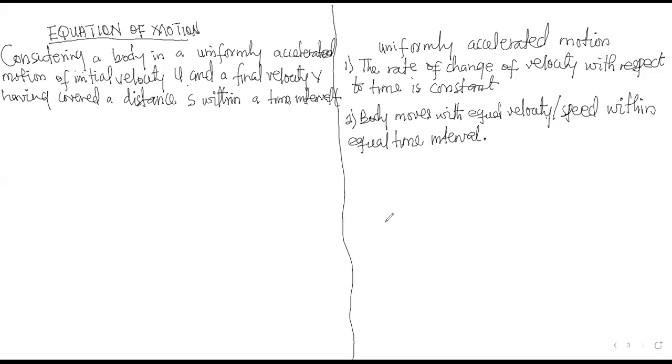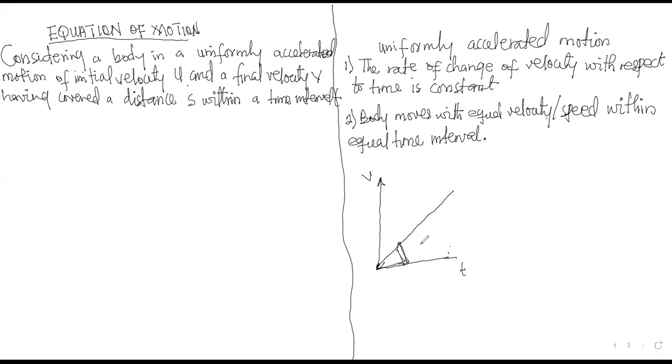And when you plot such a graph, I went through it with you. Velocity, time, you have a graph like this, and the slope along the line at every interval, the value is the same.